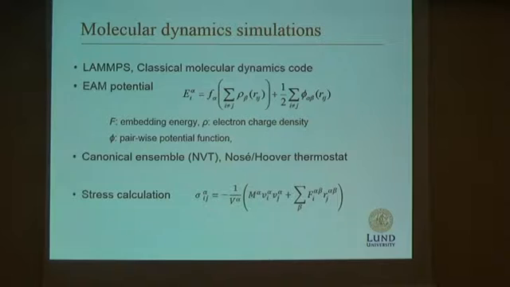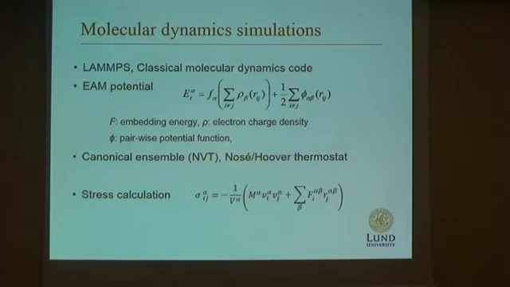All right, the molecular dynamic simulations. The simulations are performed in LAMMPS, which is a classical molecular dynamic code, using the embedded atom potential, which has this format here. This potential consists of two parts, where the first part, it should be this small f with alpha, represents the embedding energy, the energy needed to put an atom into the electron cloud.